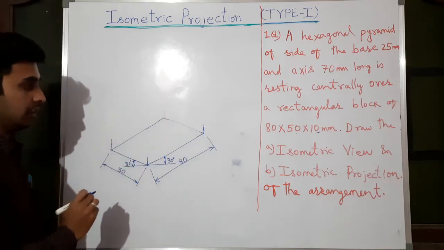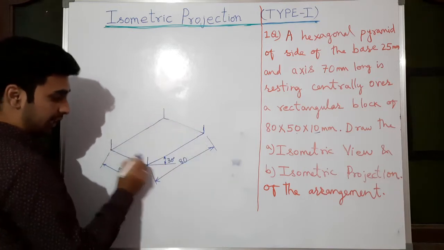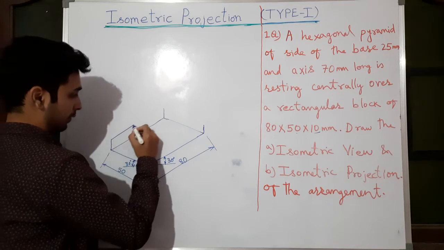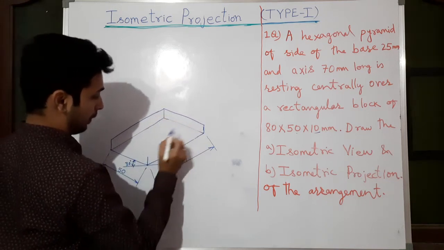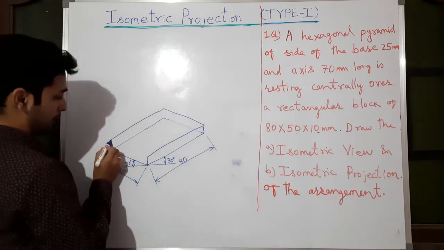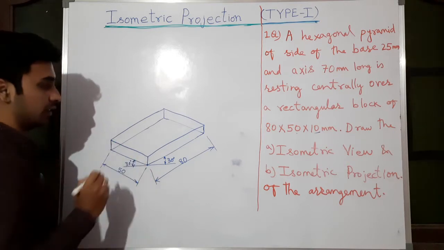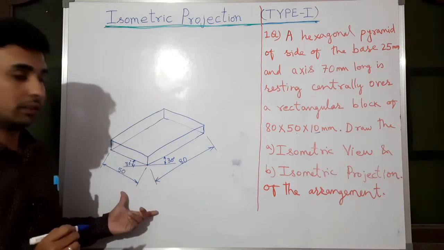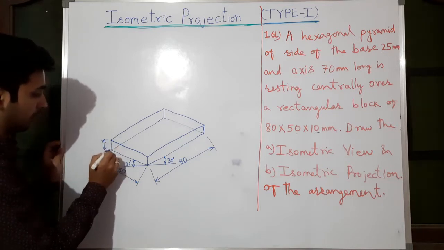After getting this, join all the upper ends of the lines like this. This is how we got the 3D block of height 10 mm.